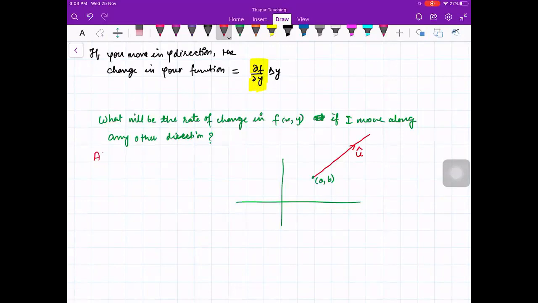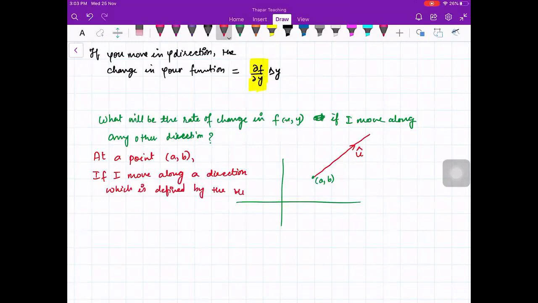So at the point (a, b), if I move along the direction defined by the unit vector u cap, then I would like to know what the rate of change is.